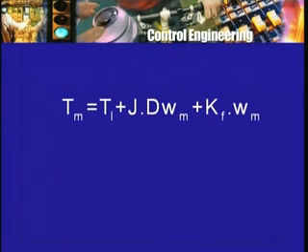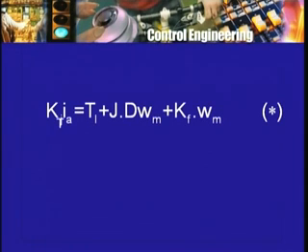And of course, instead of Tm, I can directly have the armature current there, and so write it as Kt into Ia, because as I said, Tm is not going to be easy to measure, nor is it necessary to measure it.